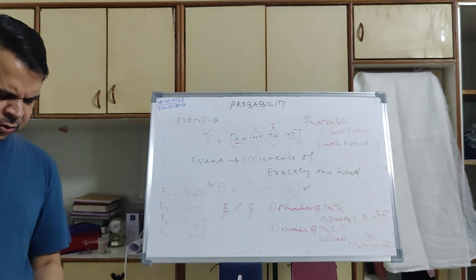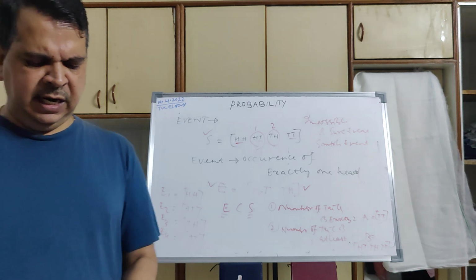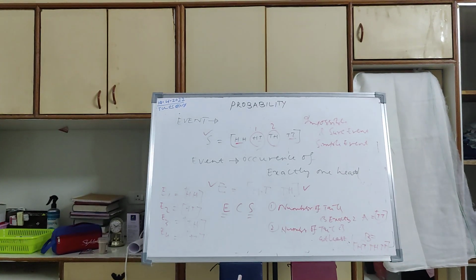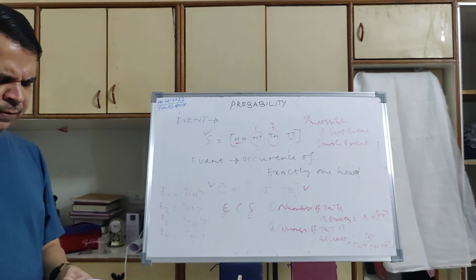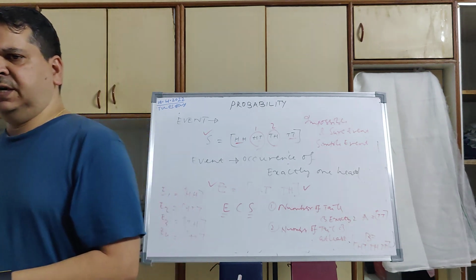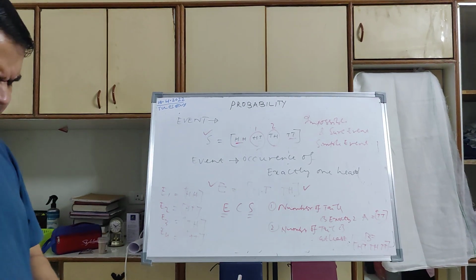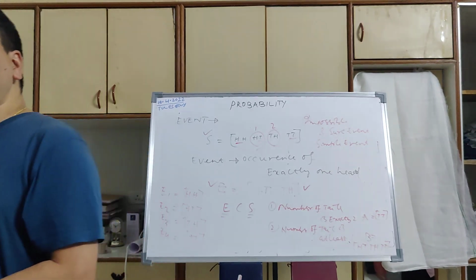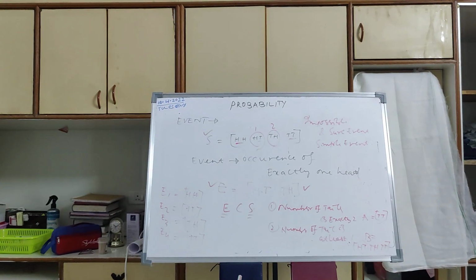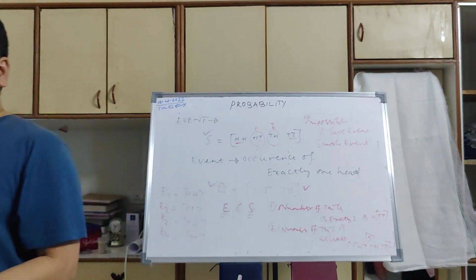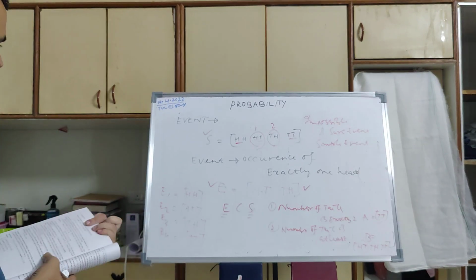A or B means union. A and B means the intersection.